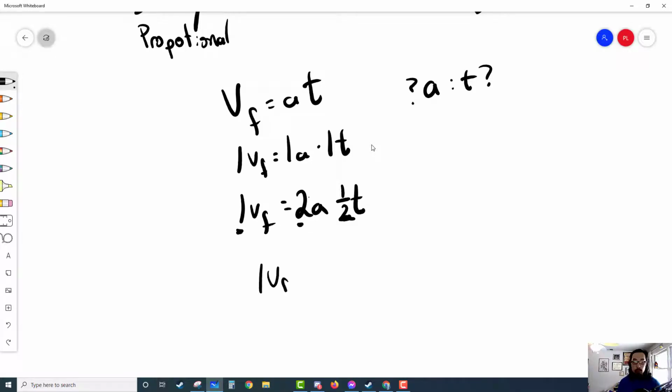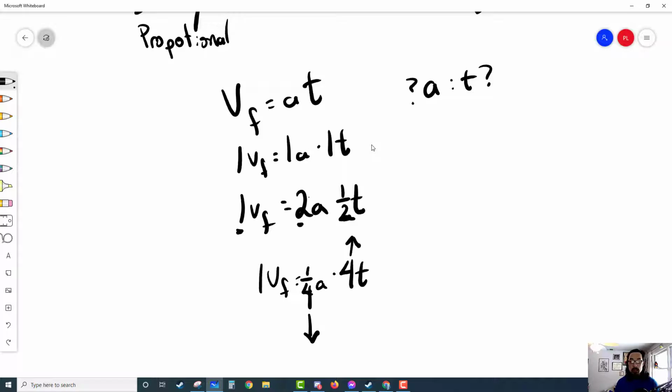Let's do 1VF. Let's say we increase my time by a factor of 4. So we have 4T. What must I multiply my acceleration by so that blank times 4 gives me 1? Hopefully we came to the conclusion of 1/4. 1/4 times 4 gives me a velocity of 1. Notice as my T increased by a factor of 4, my A decreased by a factor of 4.